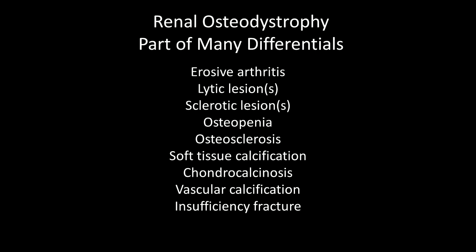And if you happen to be a resident who's trying to enter the profession, I think when you generate your differentials and you're discussing cases of erosive arthritis, or you're discussing lytic or sclerotic lesions, when you're discussing osteopenia or diffuse sclerosis, and when you're discussing various mineral deposits in soft tissues, and even when you're discussing insufficiency fractures, please don't forget metabolic bone disease and one of the most important conditions in the umbrella of metabolic bone disease, which is renal osteodystrophy.